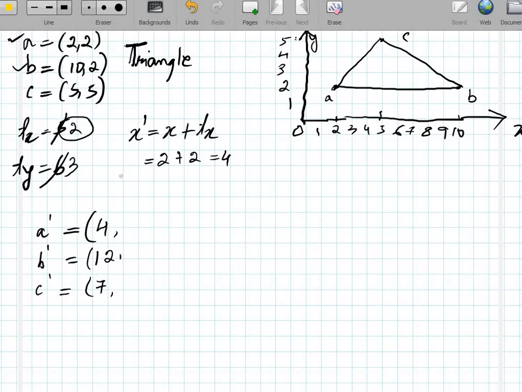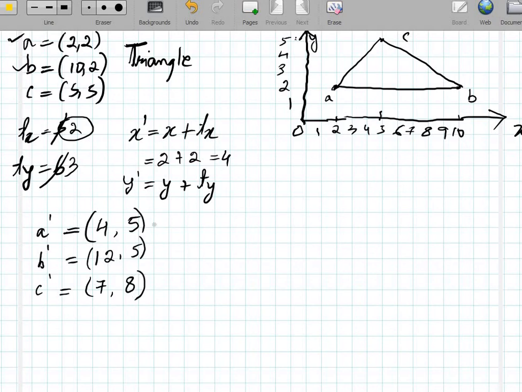Now on the y-axis also, y dash is equal to the original y plus dy. Therefore we have 2 plus 3, your dy is 3, which is 5. 2 plus 3 is again 5. And 5 plus 3 is 8. So these are your new coordinates.